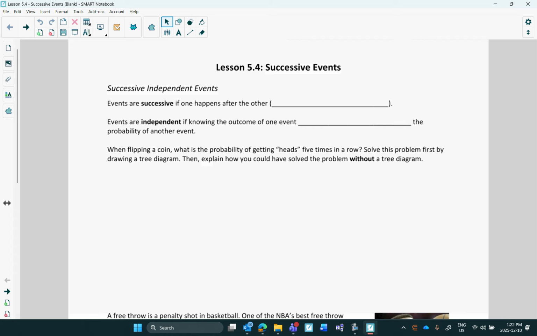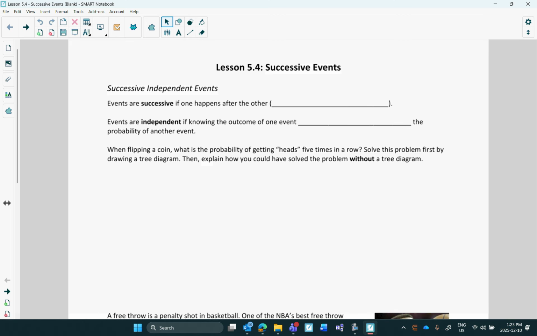Or means what mathematical operation? Add. And then we did the probability of some event and some other event happening, and means multiply. So just remember that. We're going to talk a little bit more about some multiplying questions.